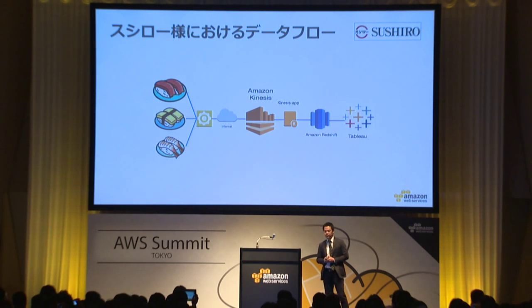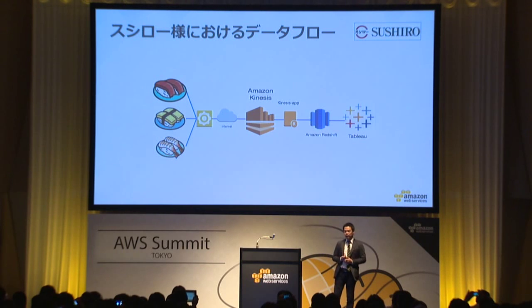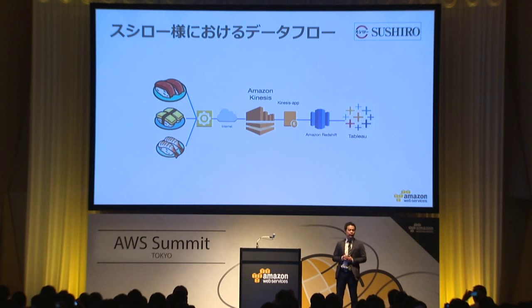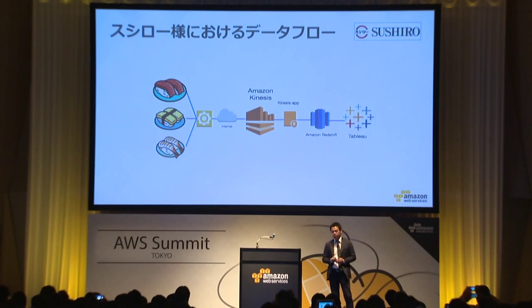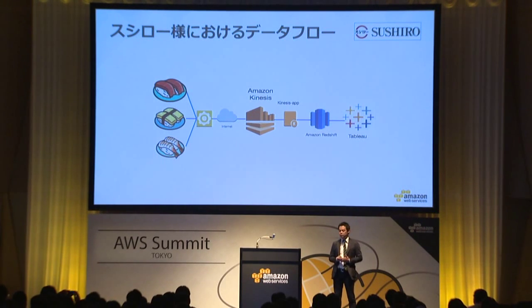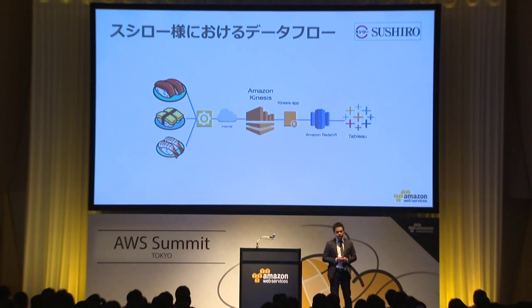Regarding the architecture, this is a simplified architecture: from Kinesis, using the Kinesis Client Library, and then storing all the data in their Redshift. And as a visualization tool, we use Tableau, and through Tableau, we do the data analytics.